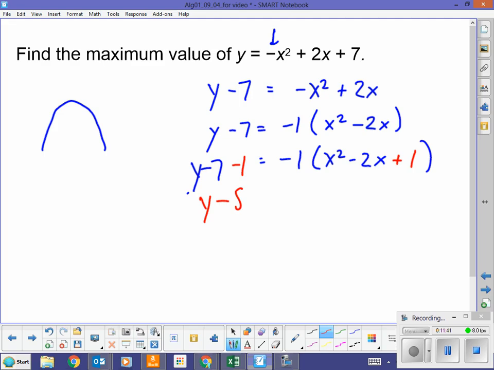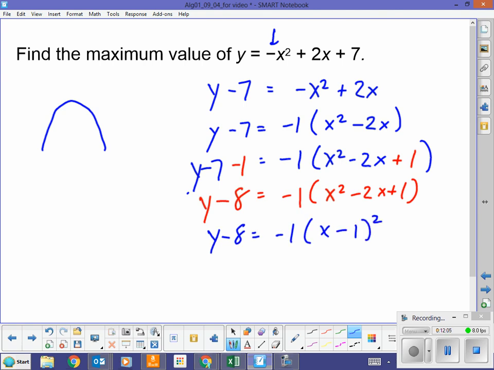So I have y - 8 = -1 times x². I wasn't going to finish this, but I guess I'll go ahead and finish it here. y - 8 = -1 times (x - 1)². And then I'm going to just go ahead and add 8 to both sides. So y = -1(x - 1)² + 8.